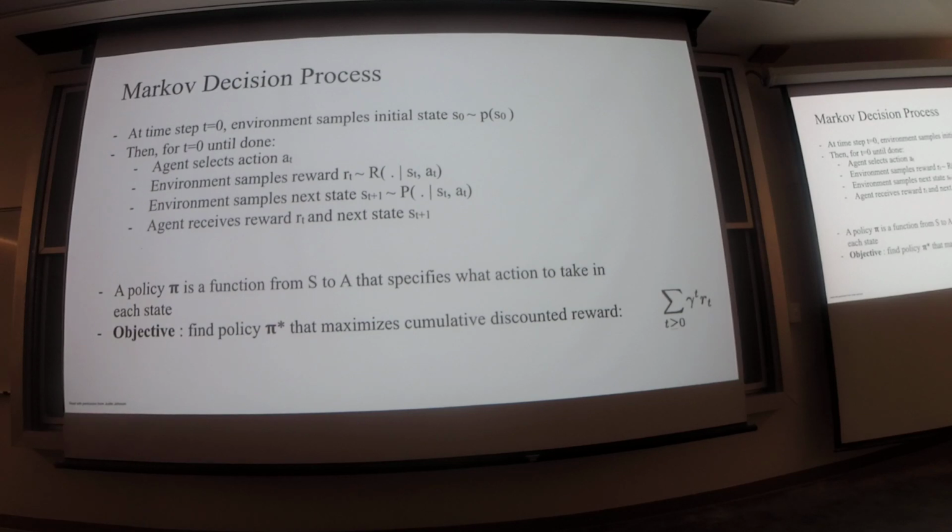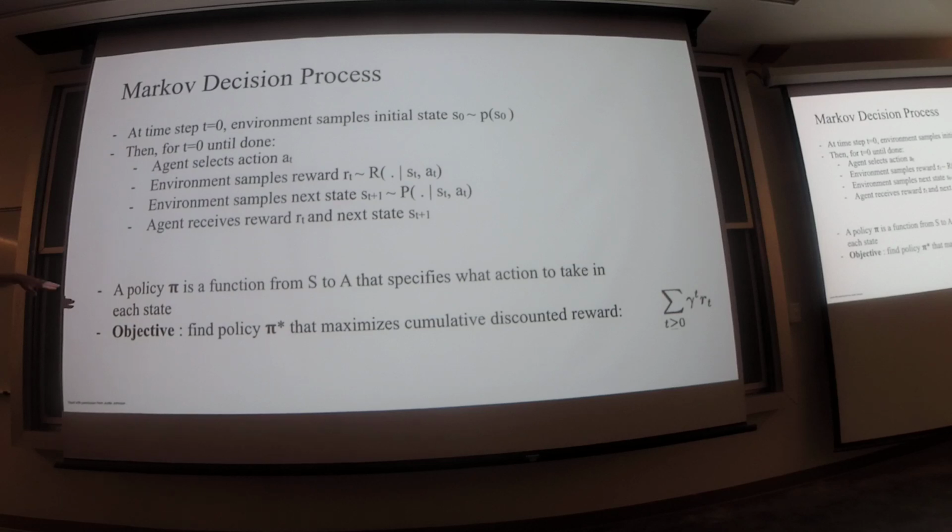So given the state it's in, we select an action. We then sample a reward for that action given the state that we're in. We then also sample the next state. And again, I'm using sample here because these things could be probability distributions, but often they're deterministic. And then the agent receives a reward, and now you're in the next state.